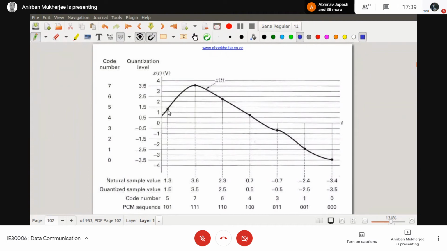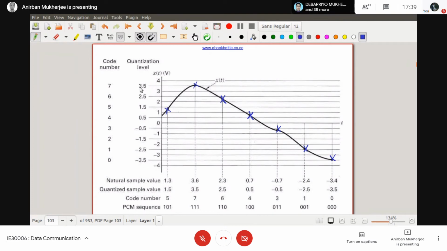Now I have sampled at this point. The natural sample values are 1.3, 3.6, 2.3. But I have to quantize the samples, so 1.3 becomes 1.5, 3.6 becomes 3.5, and so on. So what are the L quantization levels? Quantization levels 1, 2, 3, 4, 5, 6, 7, 8.